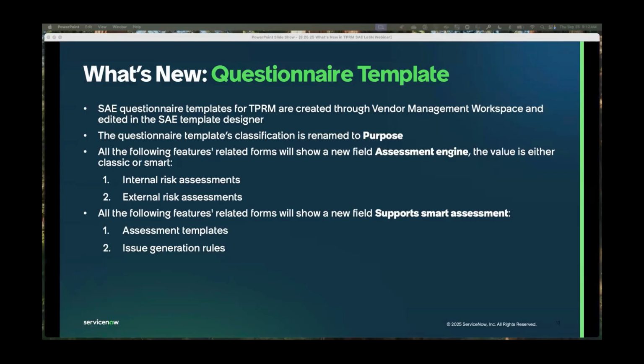So we have certain fields that are specific to the TPRM that need to be filled out in the template. That's why any SAE for TPRM will have to be created within the vendor management workspace. And once that's created, you'll have the ability to edit it using the SAE template designer, right?